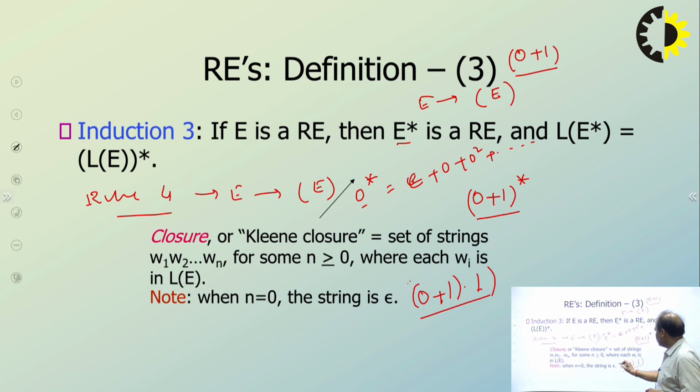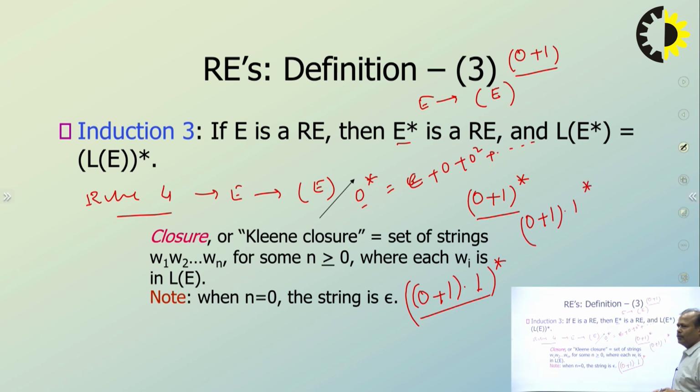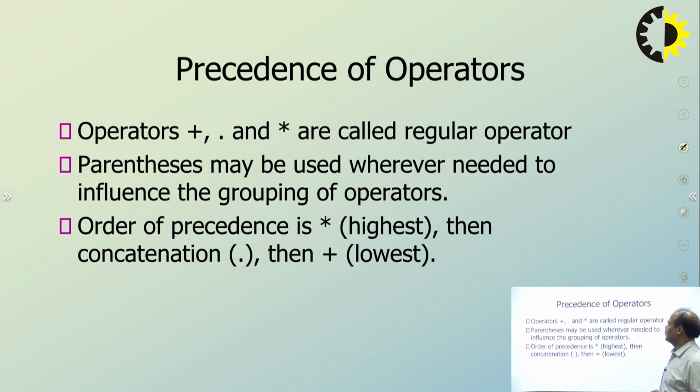Again, if you want to make it star, it is also a regular expression. But if you just define 0 plus 1 dot 1 and put a star on it, this will not be a regular expression, because there is confusion whether the star is on the 1 or on the complete expression. If we use parentheses, the ambiguity is removed. So this is the regular expression definition.